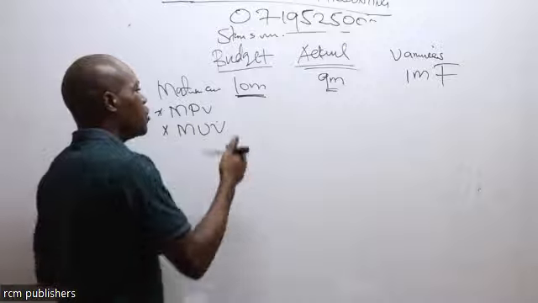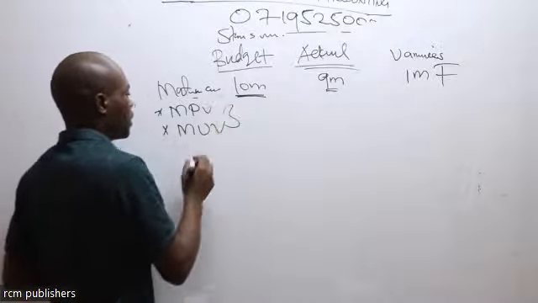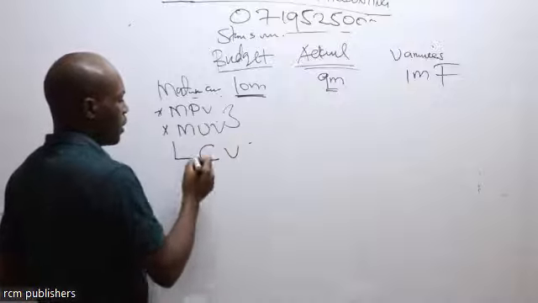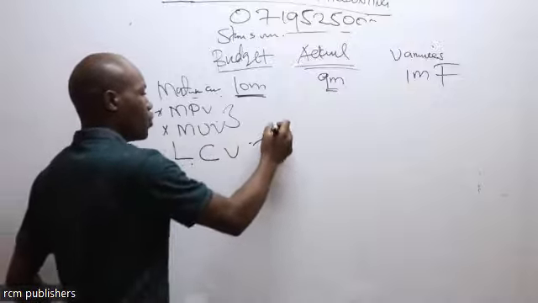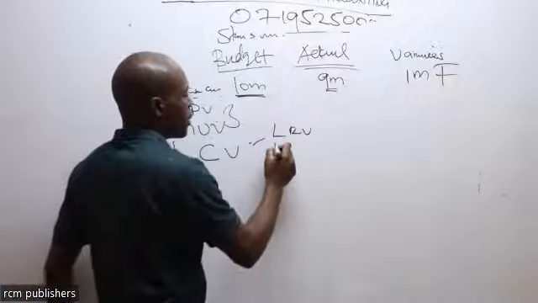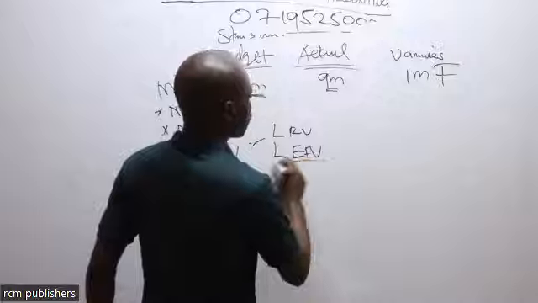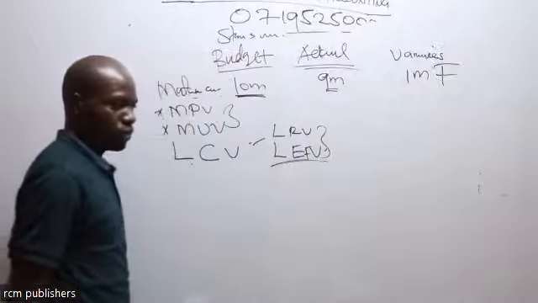So that is what will give rise to the material cost variance. Then labor cost variance. The labor cost variance is divided into two: labor rate variance and then labor efficiency variance. We are also going to look at those two.